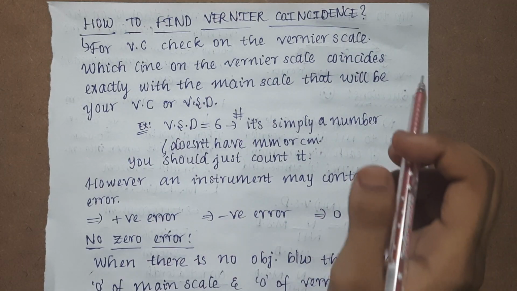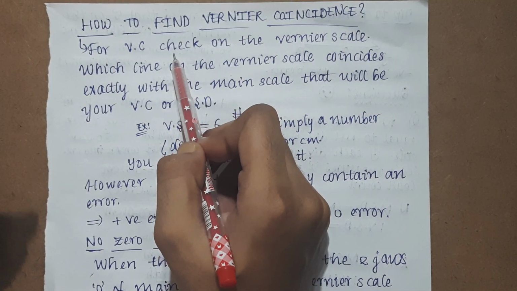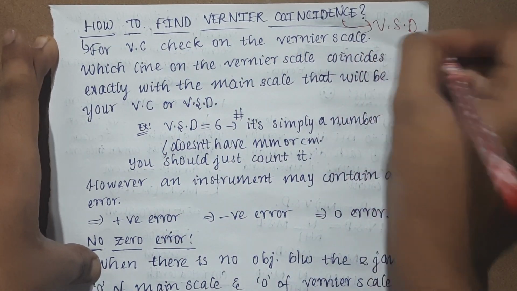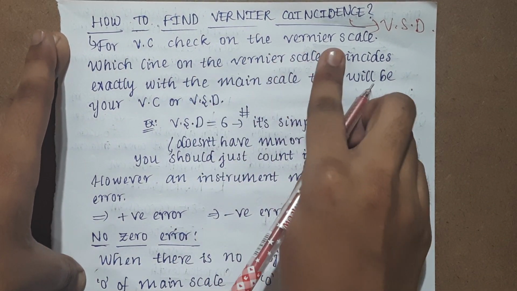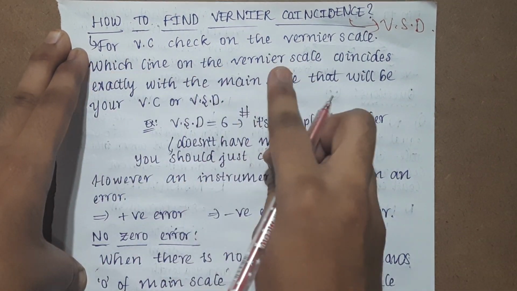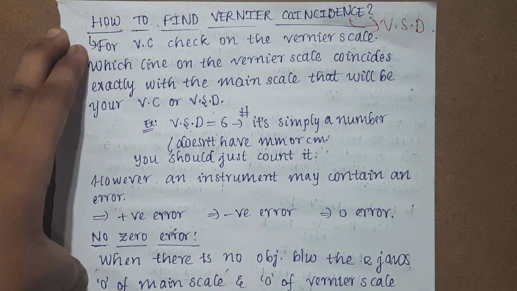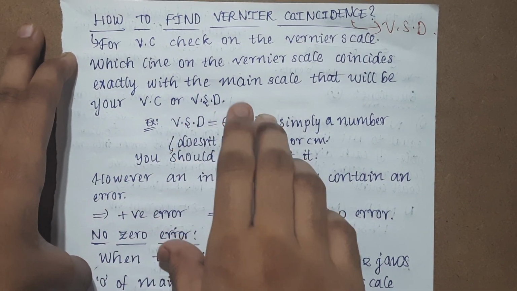And how to find Vernier coincidence? Vernier coincidence or Vernier scale division, both are same. You have to check on the Vernier scale. Which line on the Vernier scale coincides exactly with the main scale? That will be your Vernier coincidence or Vernier scale division.